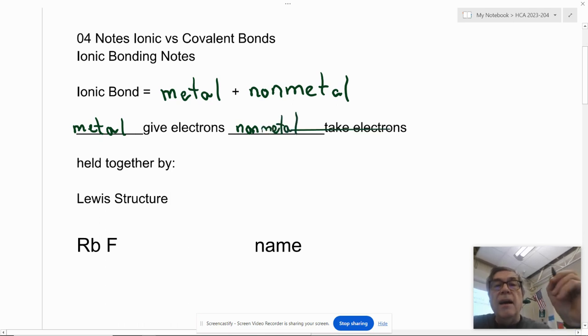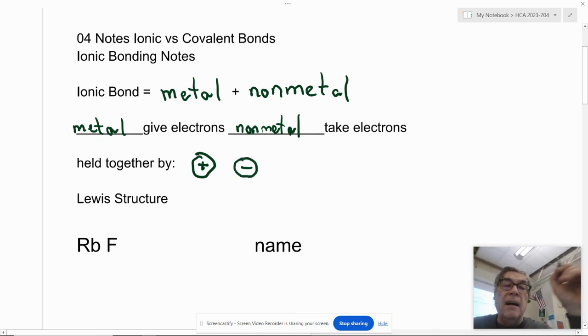That's how ionic compounds are formed. And then they are held together by those positive and negative forces. The positive charge of the cation and the negative charge of the anion.